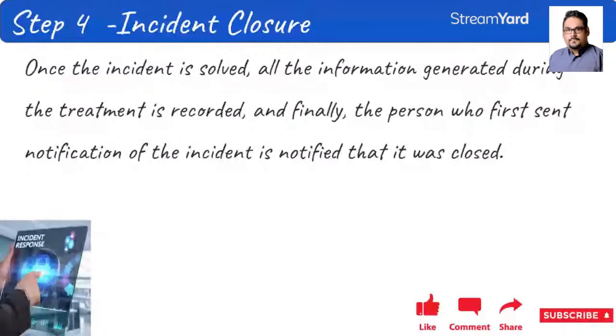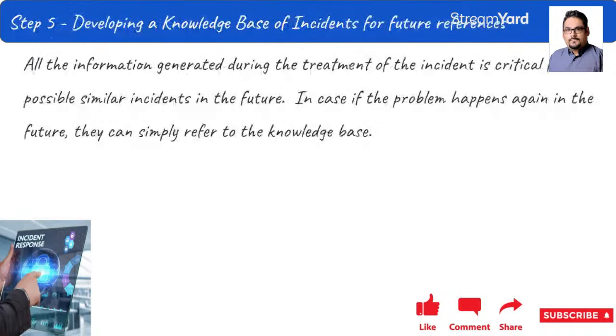And the person who initially responded, the person who actually sent the notification in the first place, the user, the employee of the organization, has to be notified that the incident that has been raised is closed now. And this step is very important and normally not followed in a lot of places. That's why I have mentioned it here.